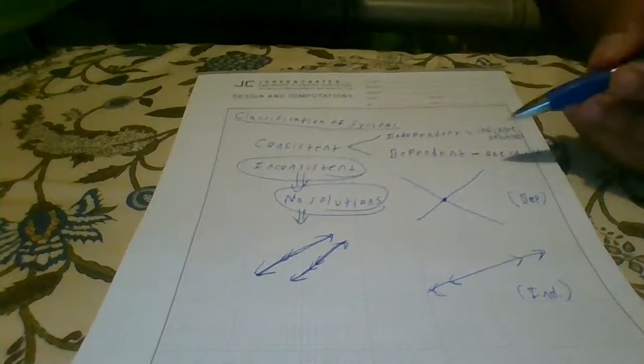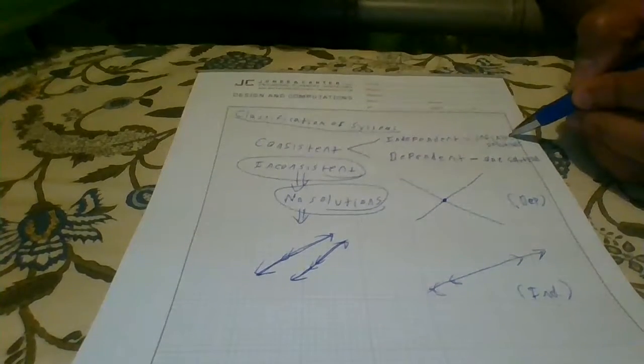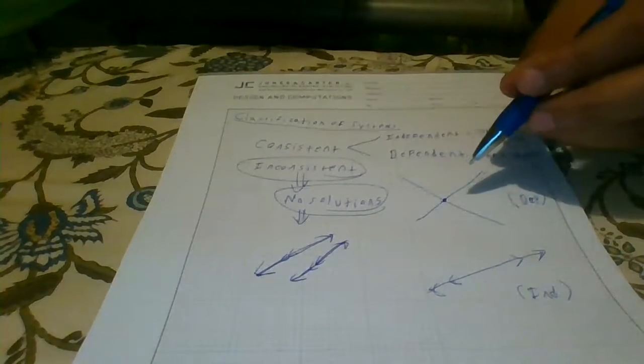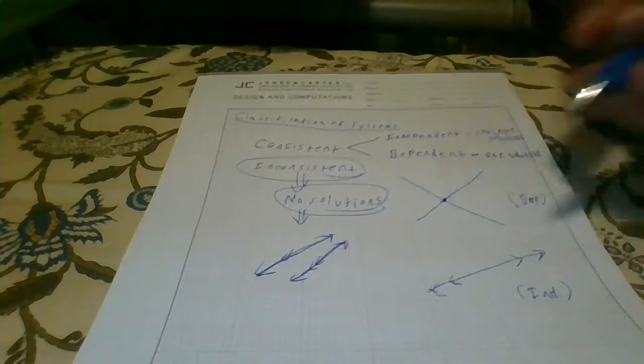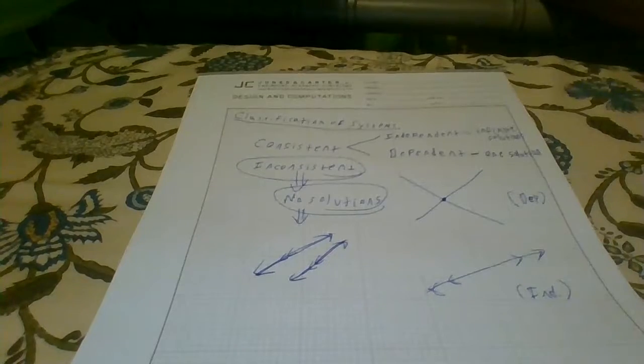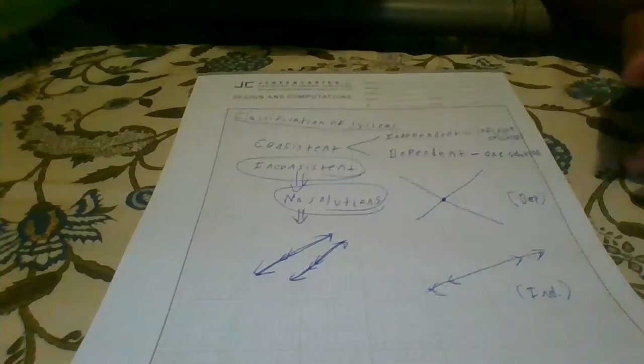If you have a solution, then you need to figure out if it is one solution or infinite solutions, and within that, if it's one solution, it's dependent because it depends on the intersection. If it's independent, that means it doesn't matter what the solution can be, it doesn't depend on anything. That means it's infinite solutions.